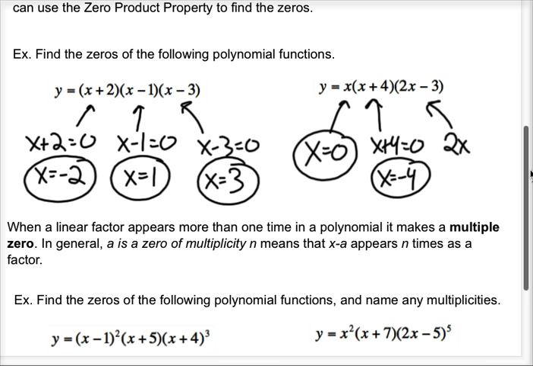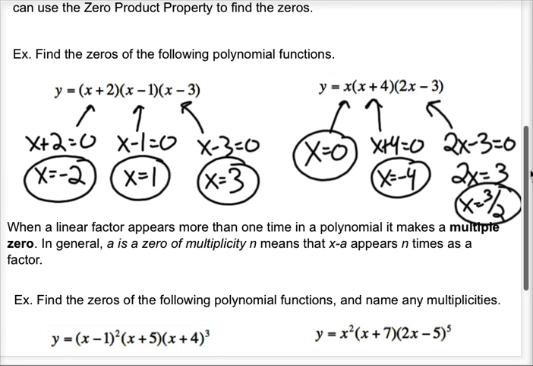And then that one, when you set this equal to 0, now you have an additional step there, okay? You have to add the 3 over and then divide by 2. But each time you're getting a separate 0, a separate solution to your polynomial.